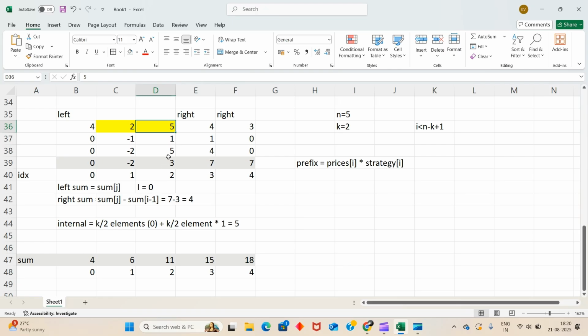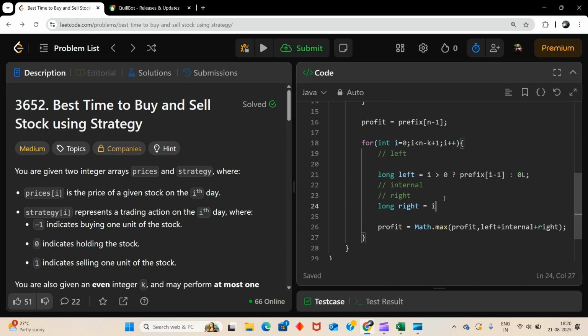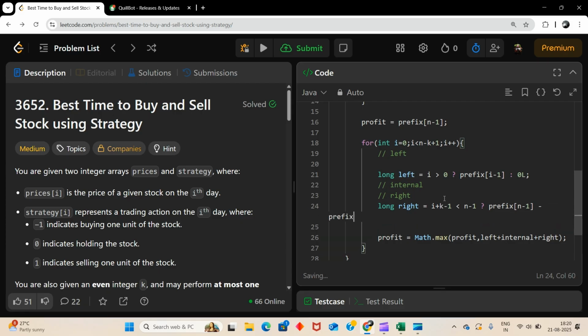And this i plus k minus 1 should be less than n minus 1, because if my case is this, then of course there is nothing on the right. So i plus k minus 1 should be less than n minus 1. Then prefix of n minus 1 minus prefix of i plus k minus 1.